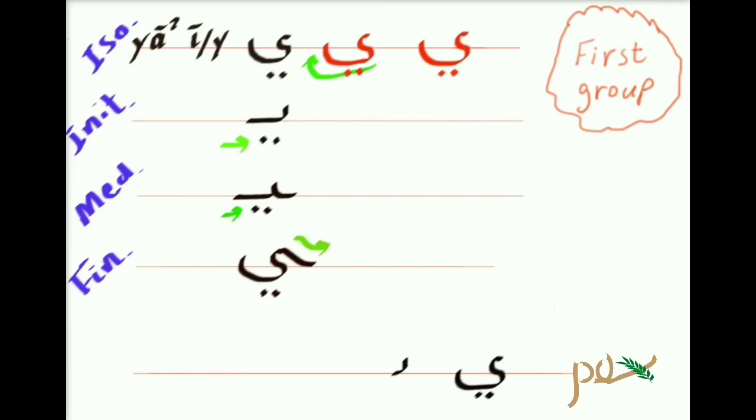The initial and the medial forms are similar to the initial and the medial forms of the other letters in this group. This is the initial ya, and this is the medial one. Then we have the final ya, which is similar to the isolated form, with the difference of this curve.